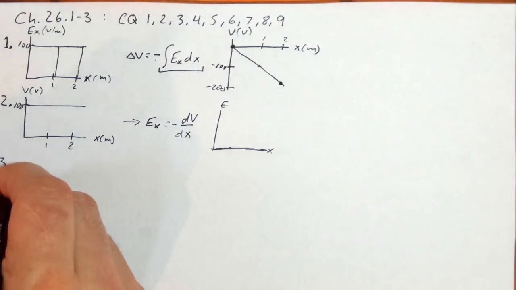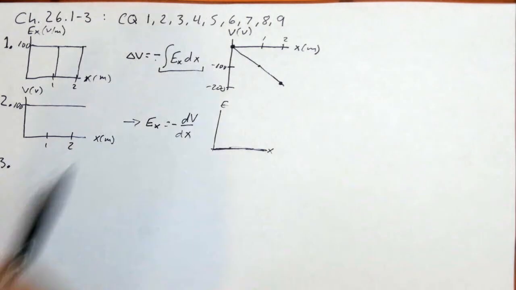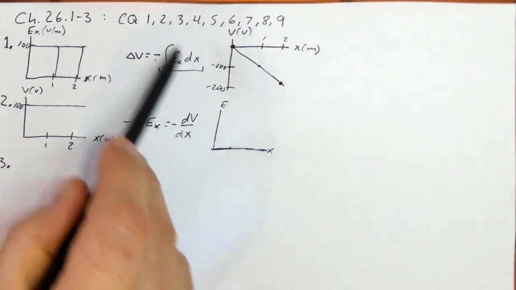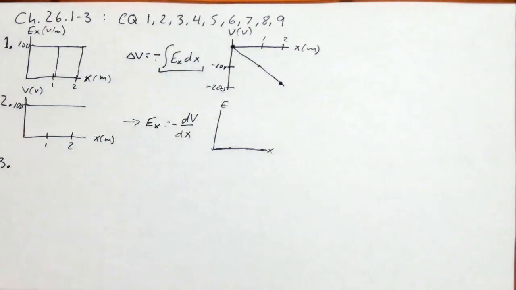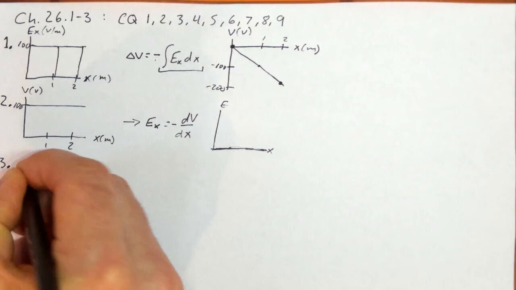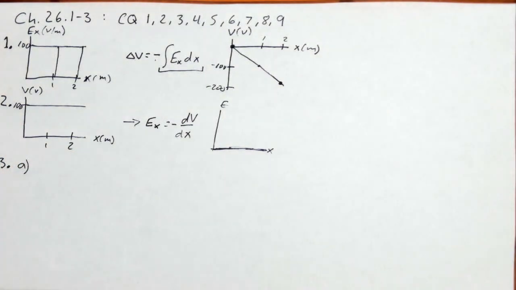Go ahead and take a look at 3. See if you can apply these 2 ideas, this is really where it came from, to number 3. Okay, so if the electric field is 0 everywhere, what can you say about the potential everywhere? Could you say that the potential is 0 in that region?